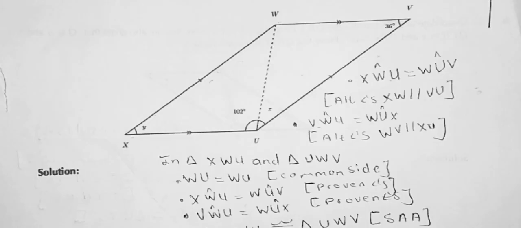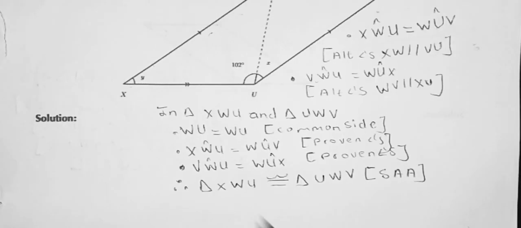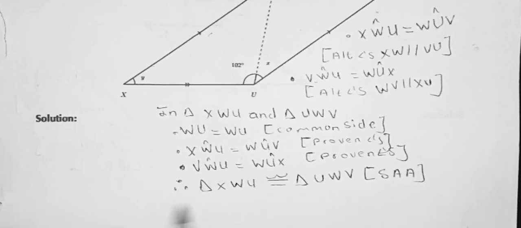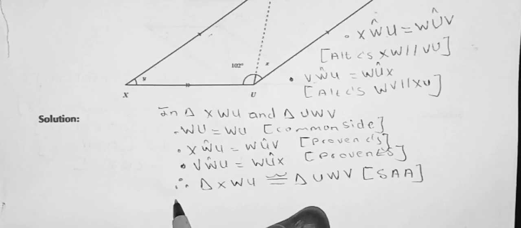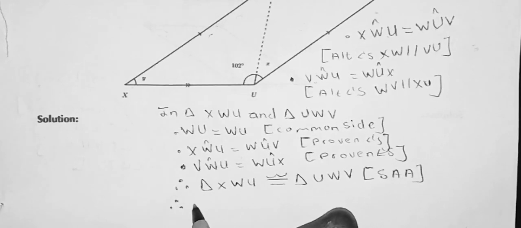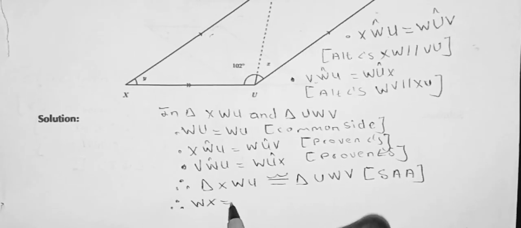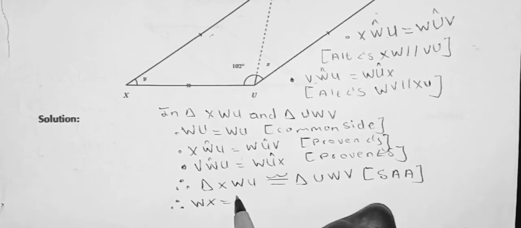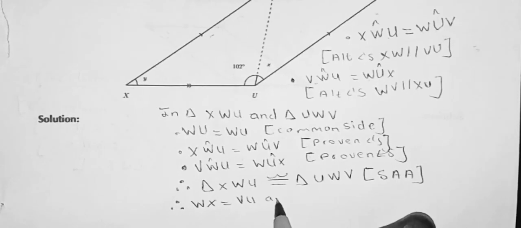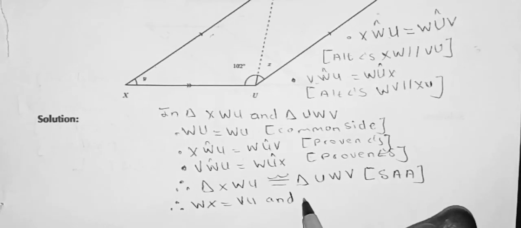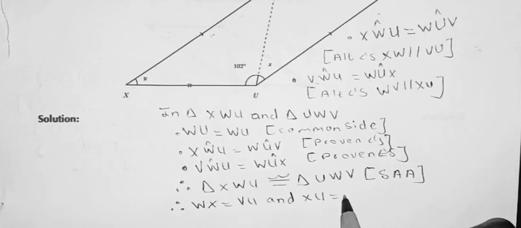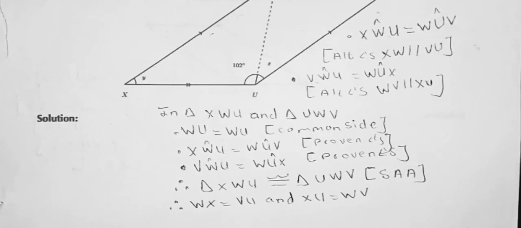So we're going to write that WX is equal to VU and XU is equal to WV.